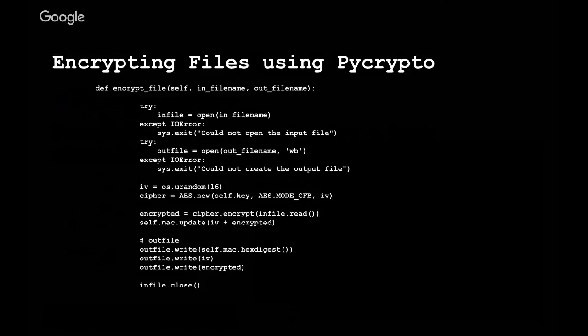So I'm not going to run this one, but we will look at what it might do. Essentially, you can see here that you're getting a random number passing in 16 bytes here, and then you're accessing something called the Advanced Encryption Standard, and you're passing in that random number generator and the key, and then that gives you your cipher, which you can use to encrypt the file that's being sent in.